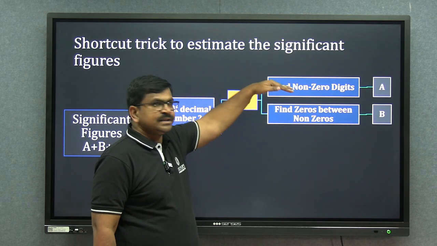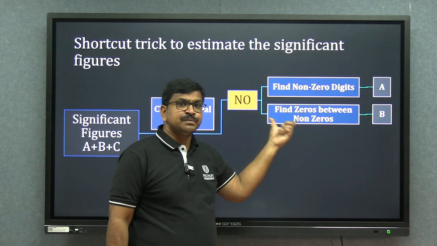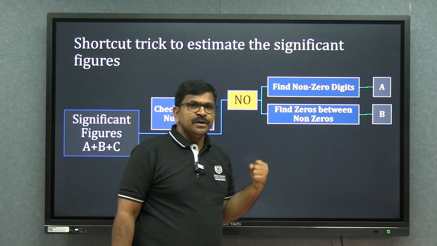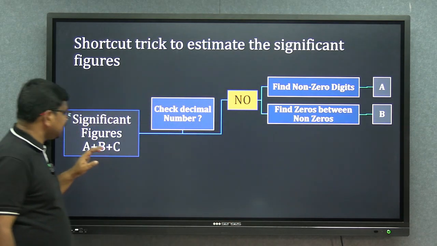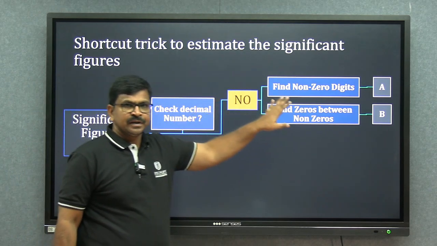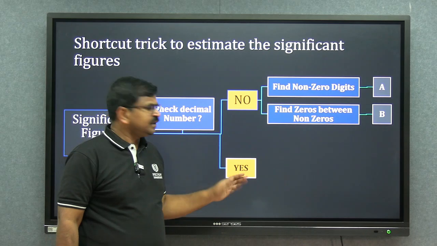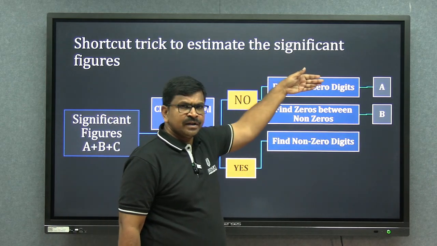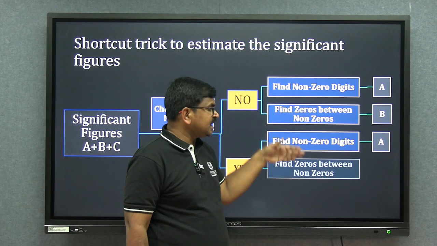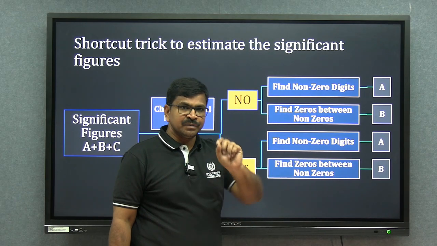Non-zero digits are treated as A, and zeros between non-zeros, that is sandwich zeros, are treated as B. The formula for this is A plus B only, C is not applicable here. If the given number is a decimal number, then as usual you have non-zero digits as A and zeros between non-zero digits as B, and one more, trailing zeros in the case of a decimal number.